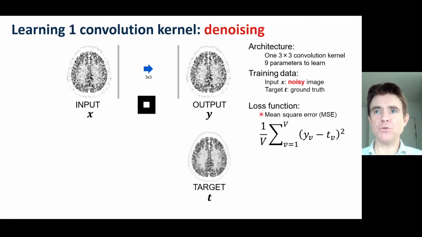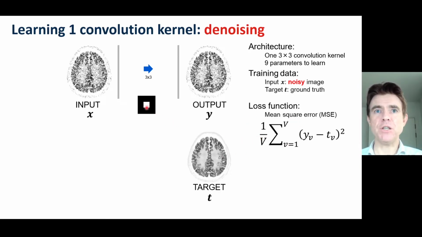And what we can do then is go about minimizing a loss function, which would be a way of describing the discrepancy between an output for a given kernel and our desired target t. So if t is our target, y is our current output for a given parameterization of the kernel, then we can say how good that kernel is.